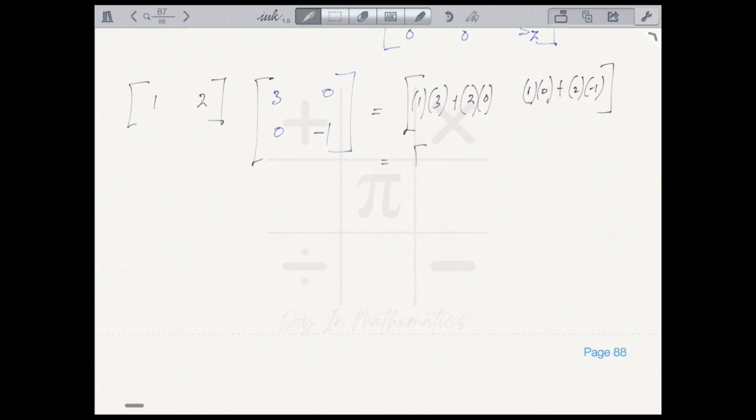So we would have here 3 plus 0, that's 3, and 0 plus -2, and that will give us -2. So we can see from here that this was multiplied by 3 to give us 3, that's enlarged, the x is enlarged, and this was multiplied by -1 to give us -2, which was being reduced.